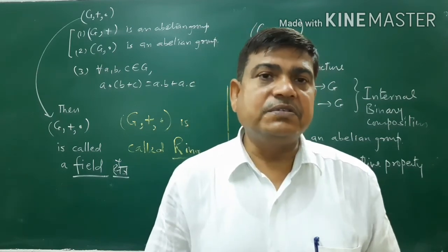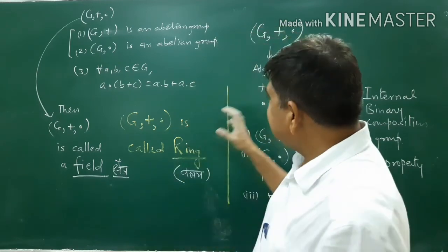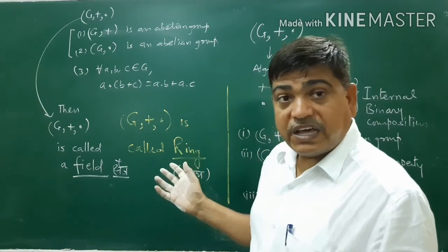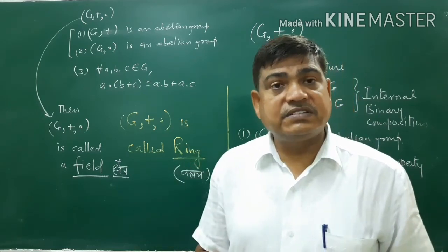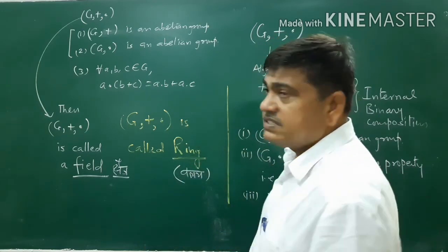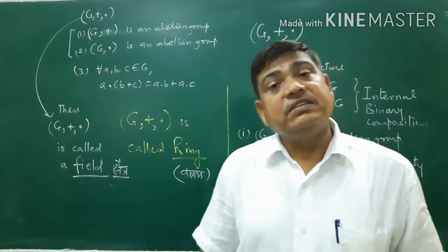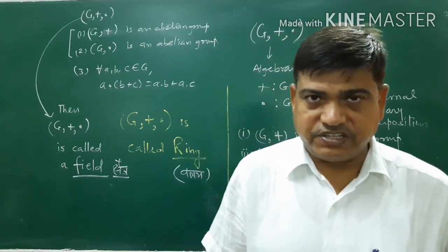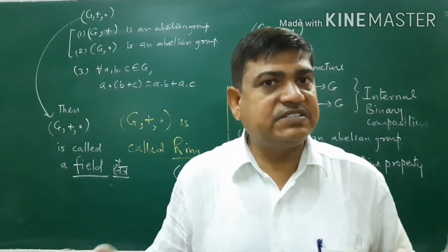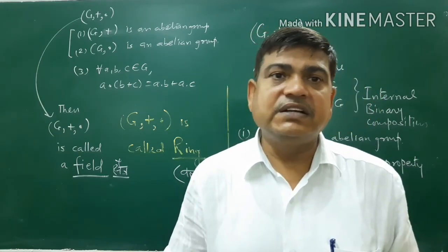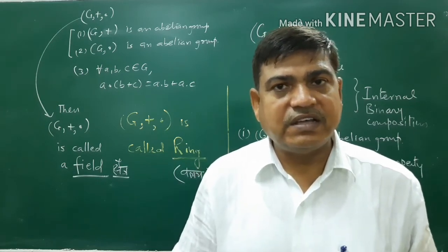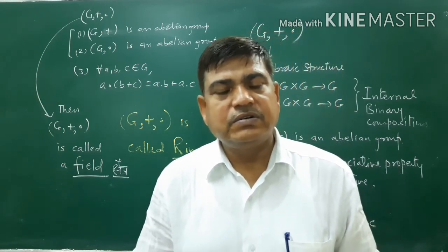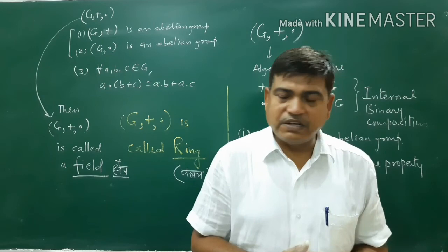So first I have introduced what an algebraic structure is, and if this algebraic structure satisfies some properties, then what will be the particular name of that algebraic structure. So the names of the algebraic structures we have defined here are group, ring and field. Today it is enough.